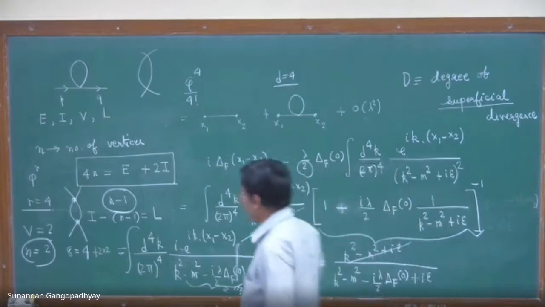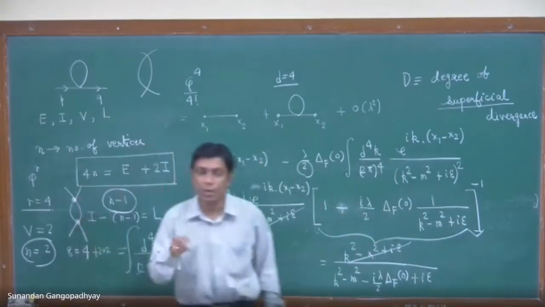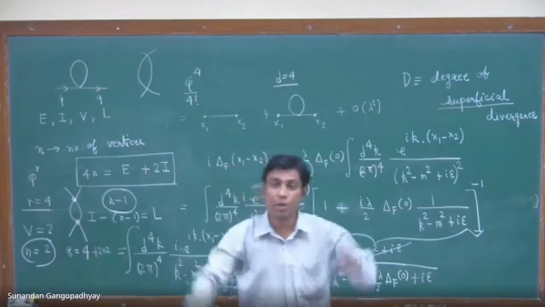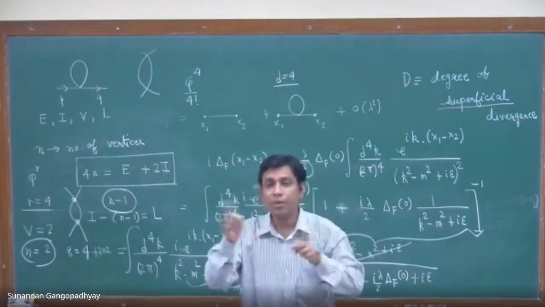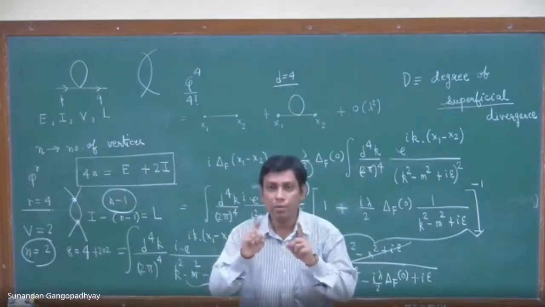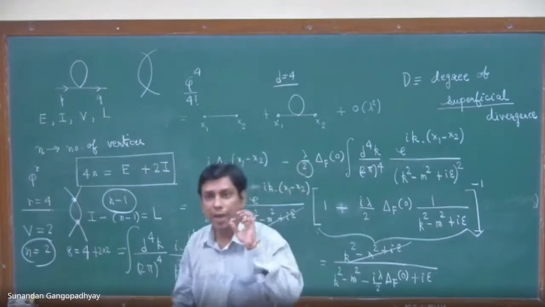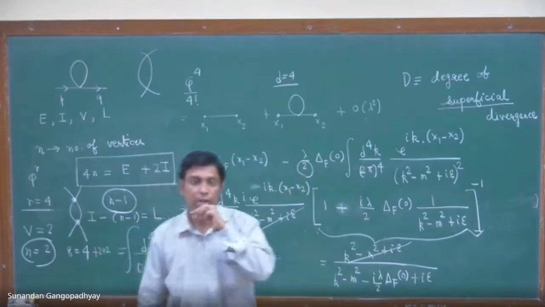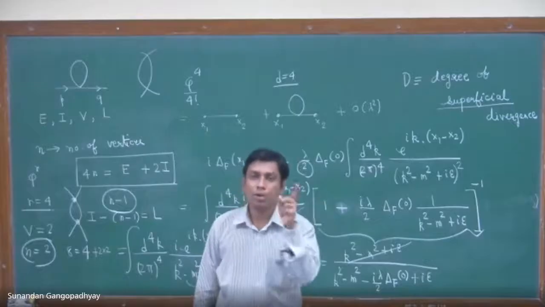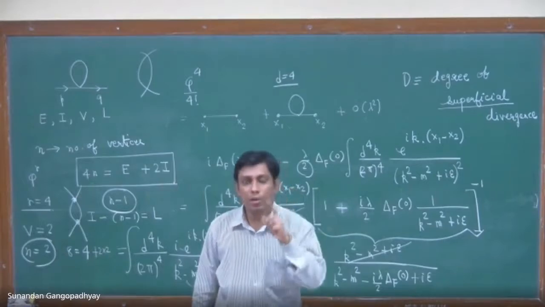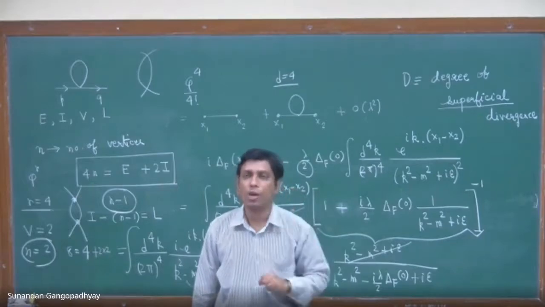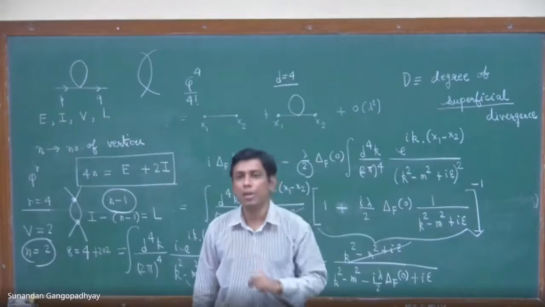Because for each vertex you will have a momentum conservation, but then there will be an overall momentum conservation. So for n vertices, there will be n momentum conservation equations, right? Yes. But there is an overall momentum conservation, and that reduces the number of equations from n to n minus 1. So there are now n minus 1 equations between the momenta.